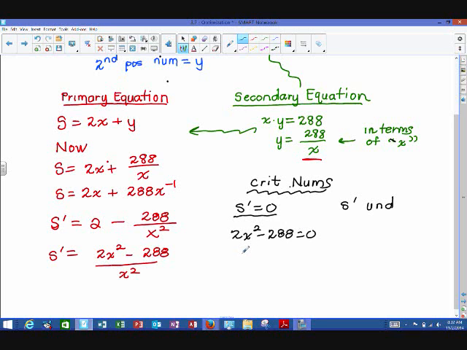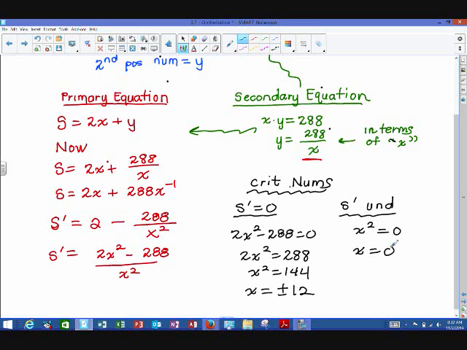So we'll solve this by adding 288 over and dividing by 2, and then taking the square root of both sides, which is going to bring about two answers, right? The square root of 144 can give us the positive value of 12 or the negative value of 12. Now when we go over here to s prime undefined, setting the denominator equal to 0 will just give us the answer of 0.